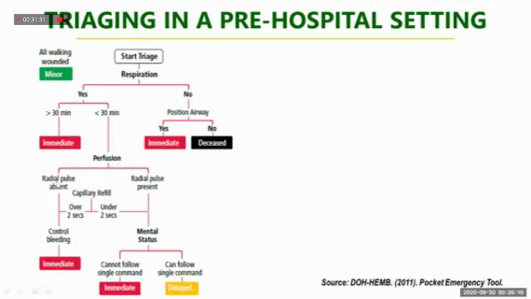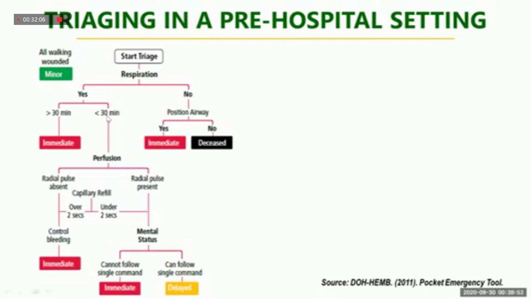If the pulse is absent, you try to look for visible signs of bleeding. You control that, you do your packing and stop the bleed, and tag this as red. Or you can proceed to your capillary refill time. If your CRT is prolonged more than 2 seconds, there is a bleeding, you can control that and tag this as red.